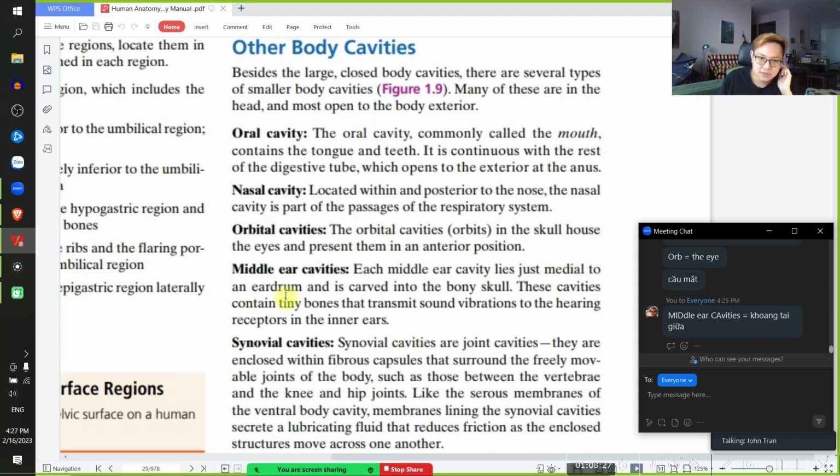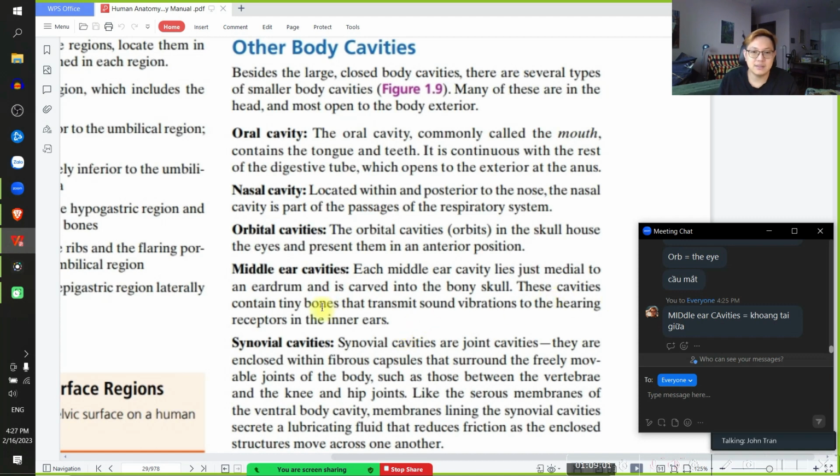Lie just medial to an eardrum and it's carved into the bony skull. Nó nói là mỗi một cái khoang tai giữa nó nằm medial, tức là nó nằm ở bên giữa so với cái eardrum là cái màng nhĩ. Và nó được khoan vào trong cái xương sọ, bony skull.